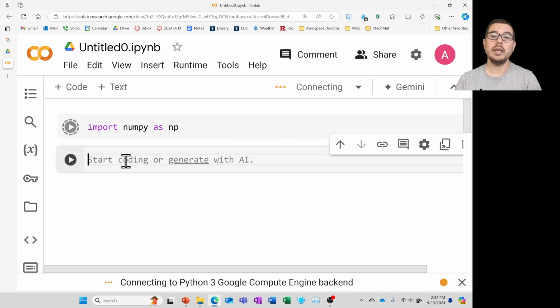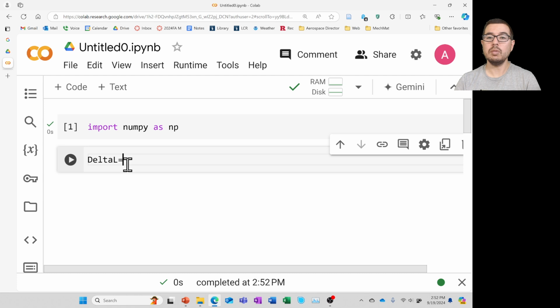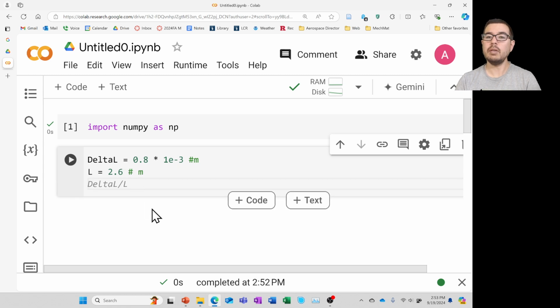We've got a delta L equal to 0.8 millimeters. And for this, I would go ahead and multiply by 1e-3, and that means that we're in meters, just to keep it simpler. And L is equal to 2.6 meters. So I'll put that just like that. Again, that's just commented out.